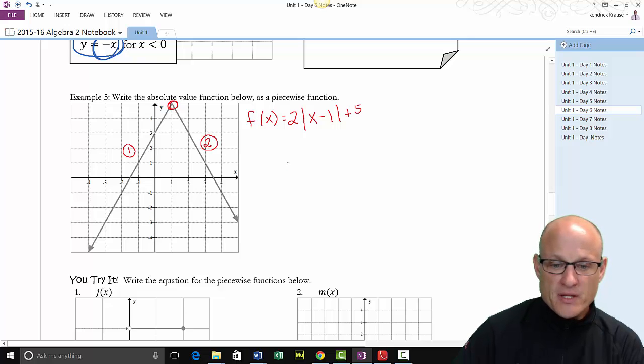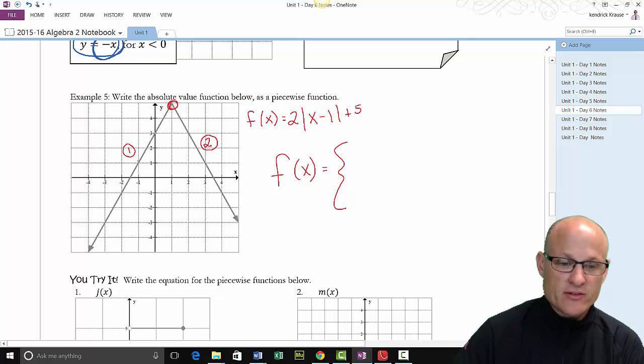So let's take a look. F of x is equal to, now we're going to do curly brackets because we're going to do it in two pieces. So the equation of this line has a slope of 2 and a y-intercept of negative 1.5. So it's equal to 2x minus 1.5 so long as we are not going past this breaking point.